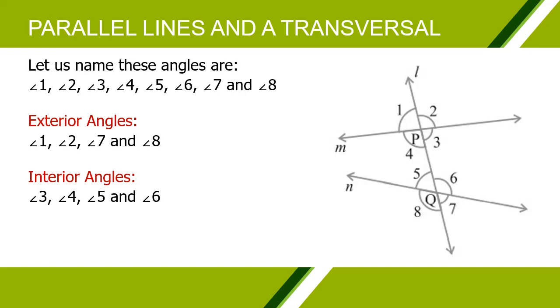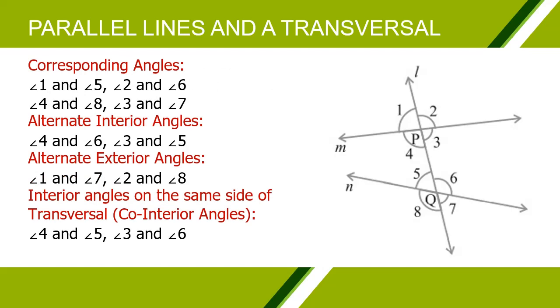Similarly, interior angles are any of the four angles formed in the area between a pair of parallel lines when a third line cuts them. According to our figure, angle 3, angle 4, angle 5 and angle 6 are interior angles. Got it?